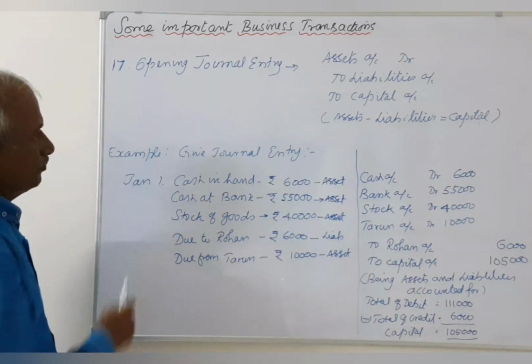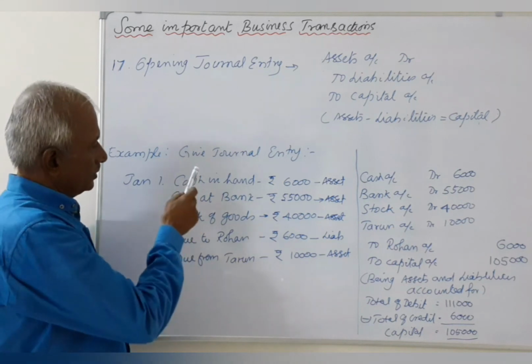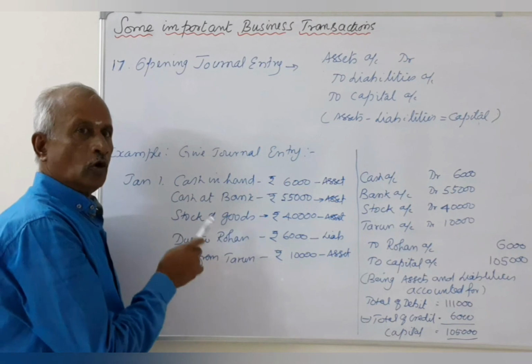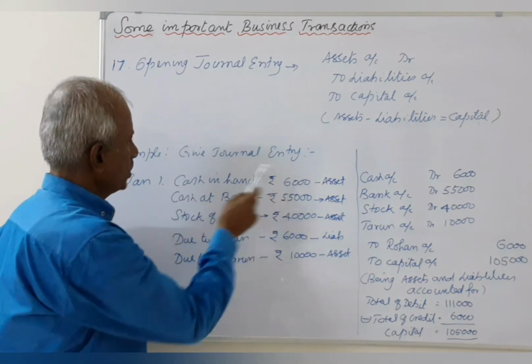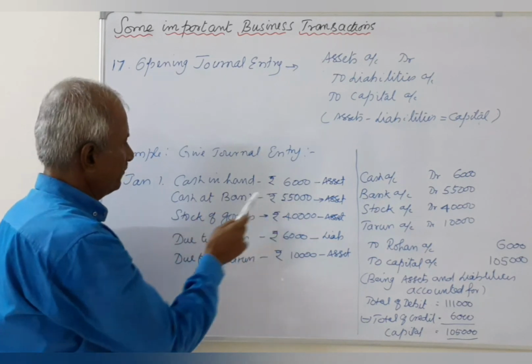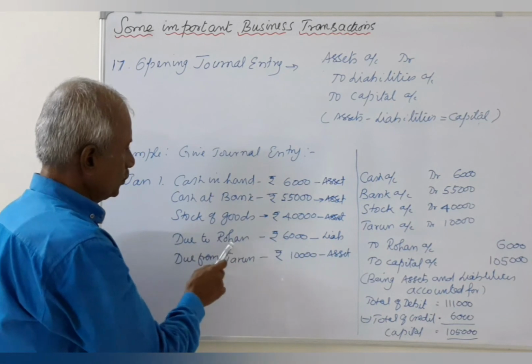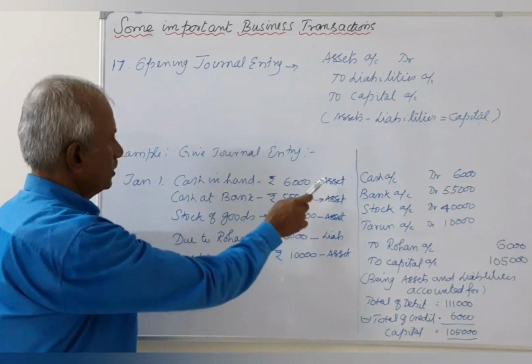Let us see an example. You are given the last year assets and liabilities and you have to give the opening journal entry. Cash in hand 6,000, cash at bank 55,000, stock of goods 40,000, due to Rohan 6,000, due from Tarun 10,000.